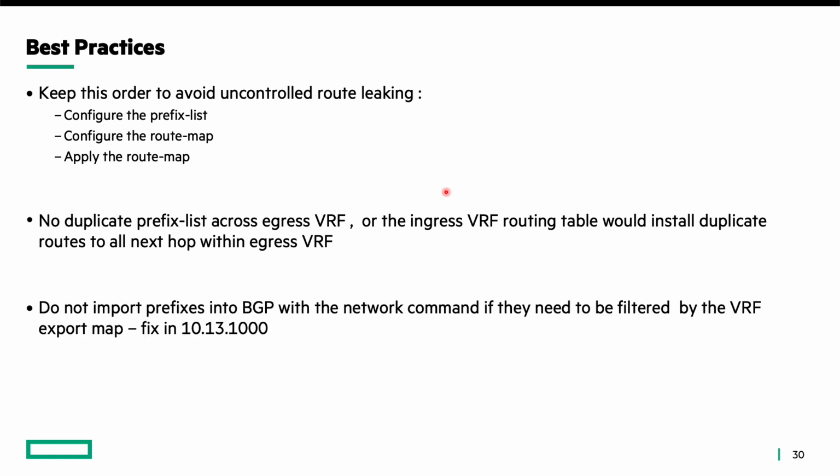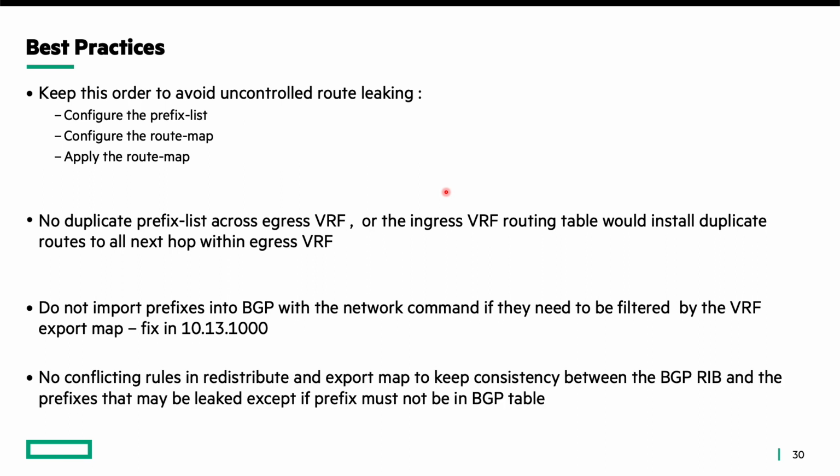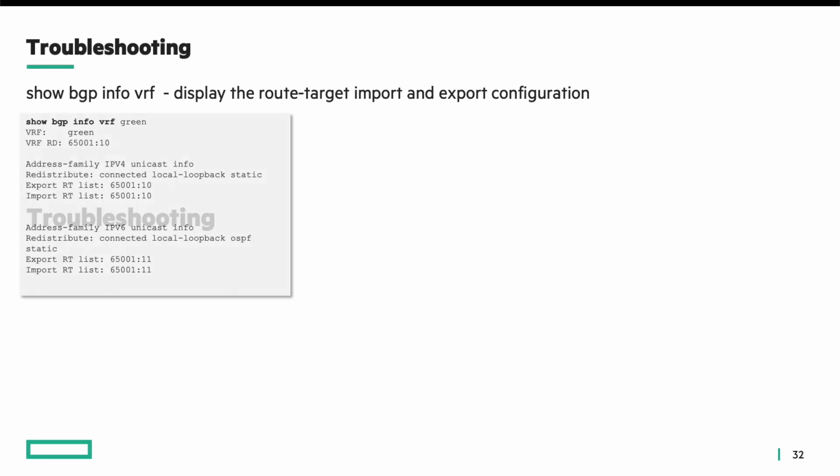Also, until 13.1000 do not use a network command. And as much as possible, except if it is really on purpose, if you don't want to redistribute a specific route into the BGP tables, try not to get conflicting rules between the redistribute route map and the export route map, to make it simpler for the operation and the maintenance.